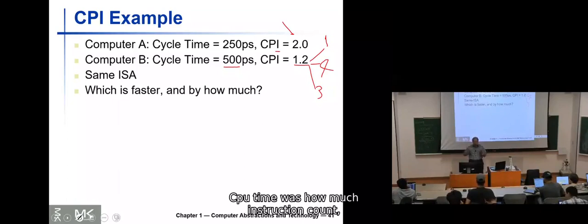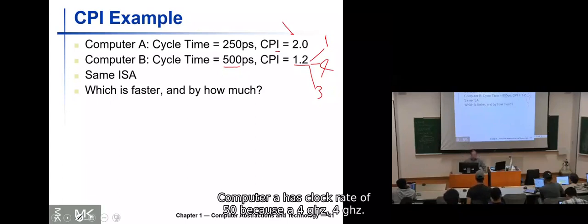CPU time was how much? Instruction count times CPI divided by clock rate, okay? Computer A has a clock rate of 4 gigahertz.